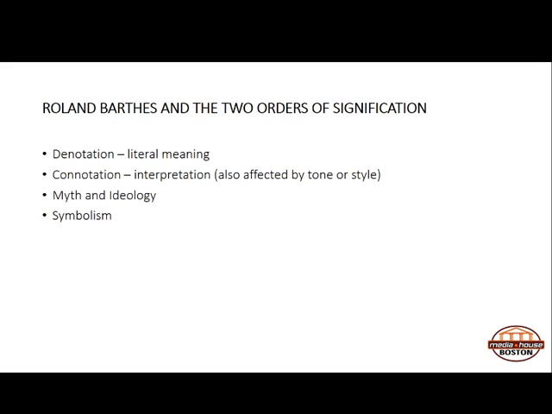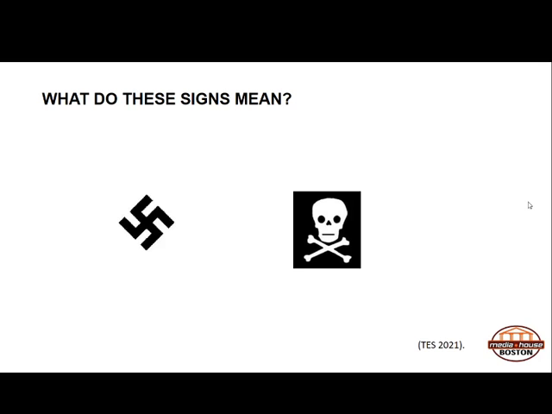And obviously, depending on the context in which you use that particular descriptive term or that word, there might be different ideologies attached. Okay. So, what do these signs mean?